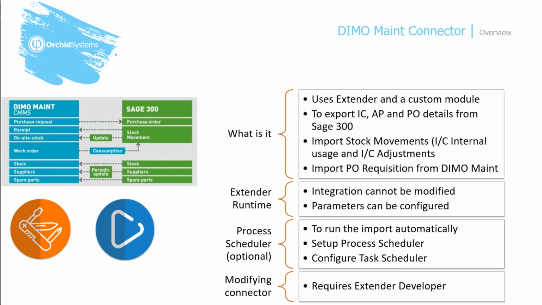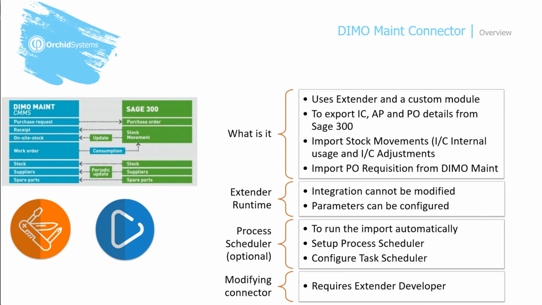All this is built on Extender runtime, as it is designed to be run by a number of Sage 300 sites. If you need to modify the connector or use Extender for other configuration in your Sage 300 system, then you would upgrade to Extender Configurator or Developer Edition.